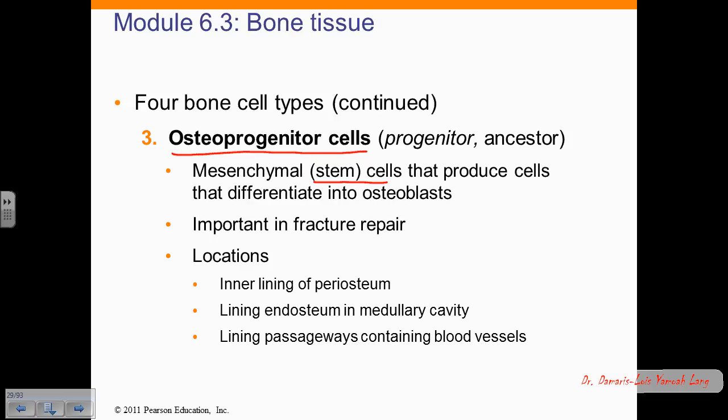They differentiate into osteoblasts, right? They are located in the outer part of the bone called the periosteum and the inner lining of the bone called the endosteum. And they can divide. Because they can form osteoblasts, it can allow the bone to get thicker and thicker because of where they are situated on the outer and inner part of the bone.